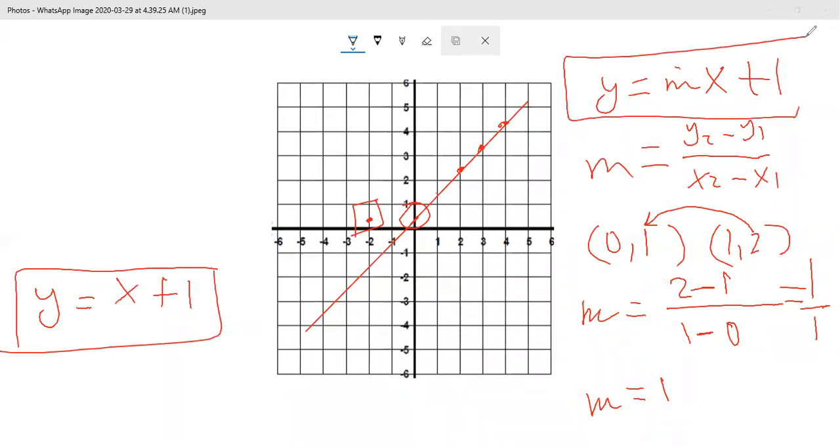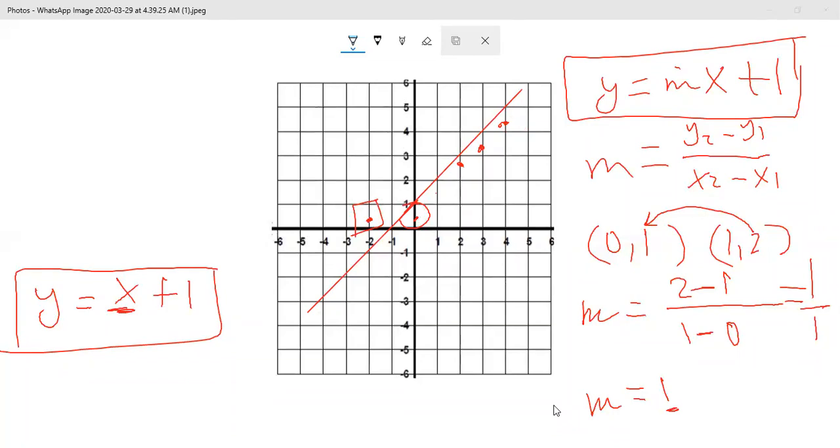The rule said mx plus c. M is 1, and 1 multiply x is x. Excellent, so it will be only x. And where is c? C is 1. C is the intercepted part from where? From the y-axis, and the intercept from the y-axis equals 1. So it will be y equals x plus 1.